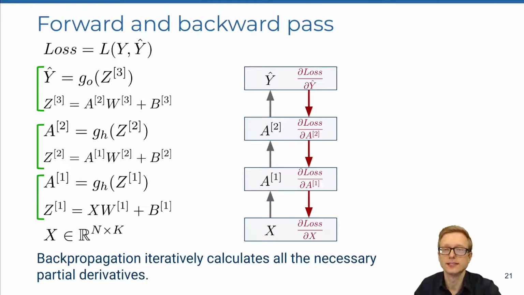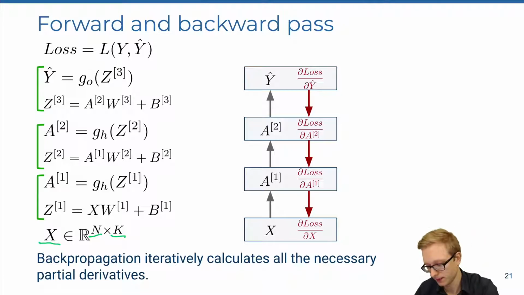And now let's see how we can calculate a full forward pass through a multi-layer neural network. Here we have an input matrix X, and this is now a batch of data points. The matrix has dimensions of n by k, where n is the number of data points in our batch, and k is the number of feature vectors for each data point.